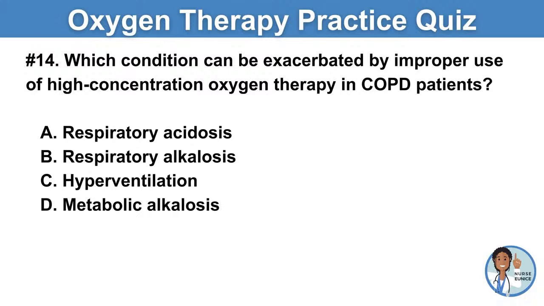Number 14, which condition can be exacerbated by improper use of high concentration oxygen therapy in COPD patients? Is it respiratory acidosis, respiratory alkalosis, hyperventilation, or metabolic alkalosis?